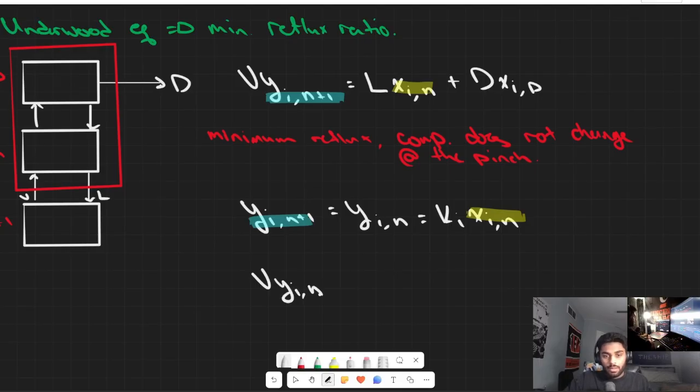For this relationship, I'll still write down which stage is leaving, but since everything is leaving from the same stage, except of course the distillate, I will stop using the n notation. So we have a liquid flow rate, and we divide our partition coefficient over to this side. We get something like y_{i,n} over K_i, and then plus the distillate flow rate times our liquid mole fraction of component i leaving the distillate stage.